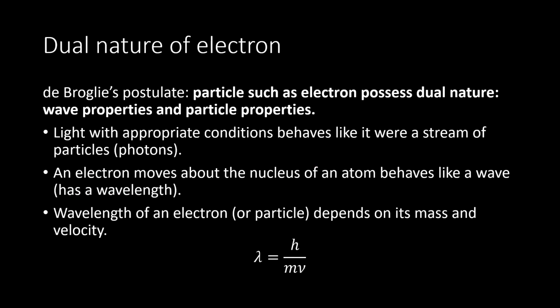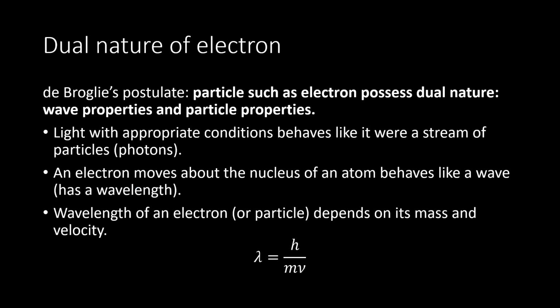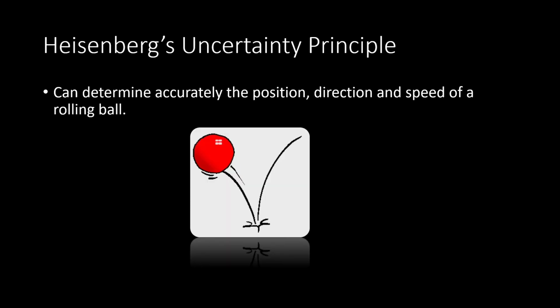Therefore, electron has a wavelength, and its wavelength depends on its mass and velocity. De Broglie also came up with a formula to determine the wavelength of an electron. And the wavelength of the electron is equal to the Planck constant divided by the mass and the velocity of the electron.